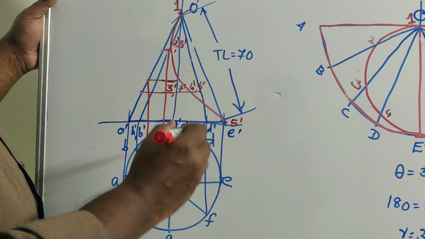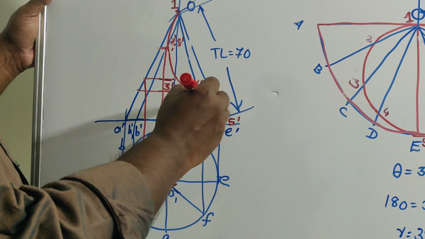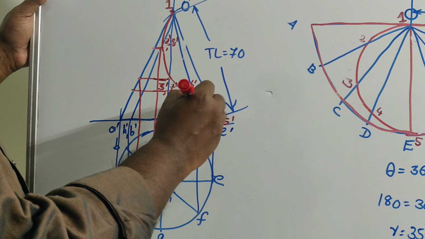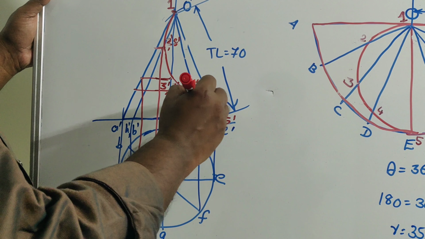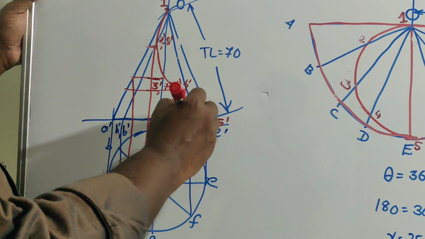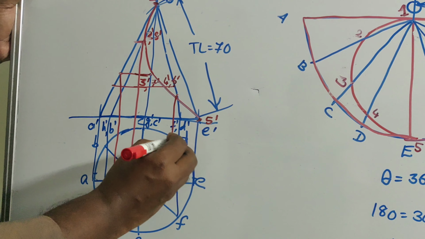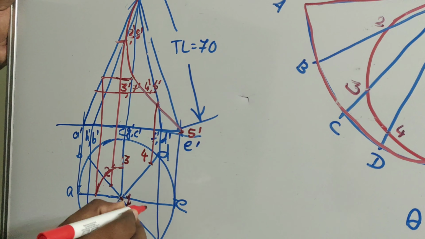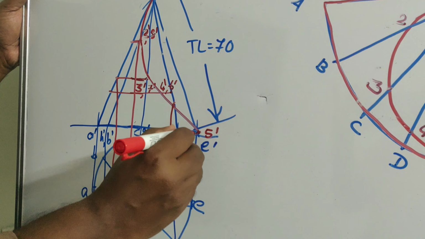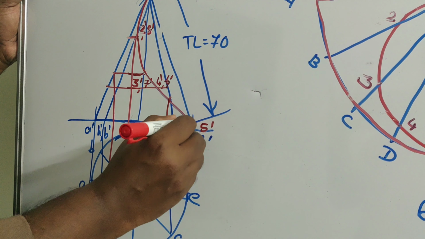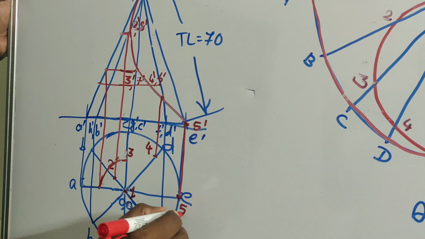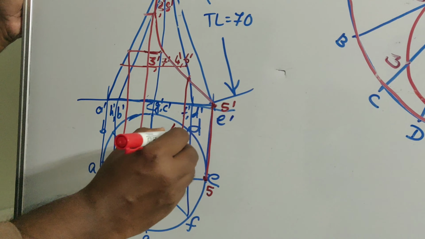After that, you will get point 4. Point 4 and 6 is this one. So from 4 you are drawing a projector that is along OD. So that is 4. 5 is exactly on E. So you can have a projector from there. So you are getting 5 here.